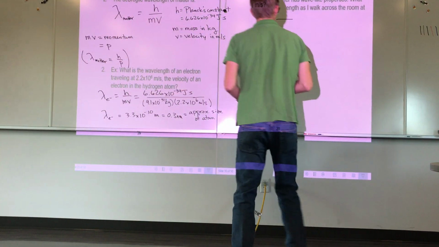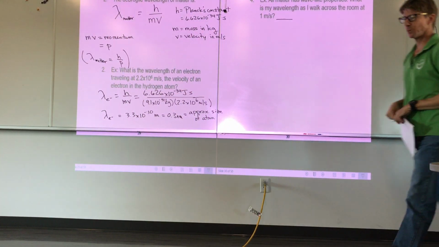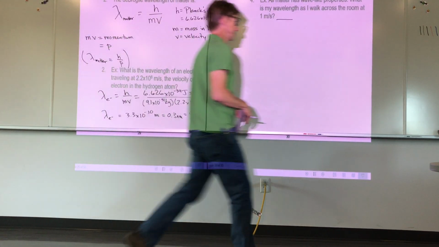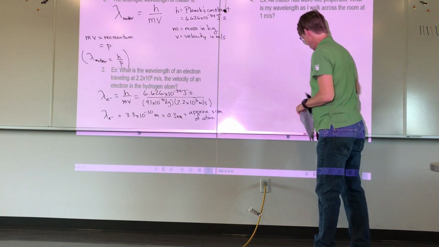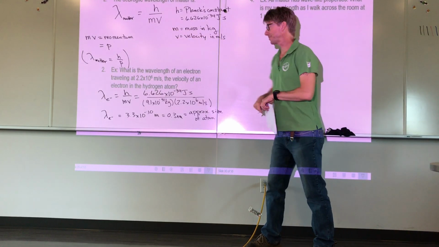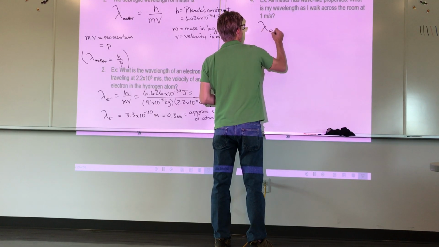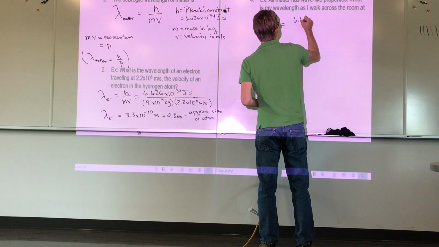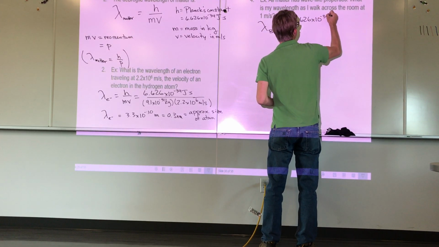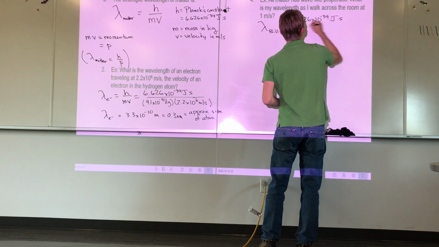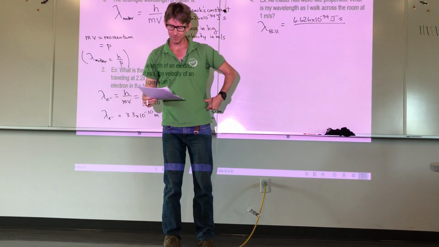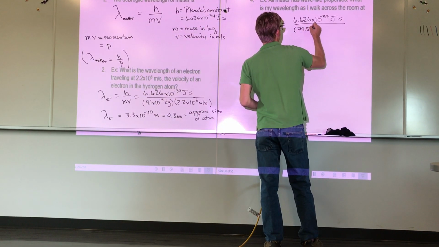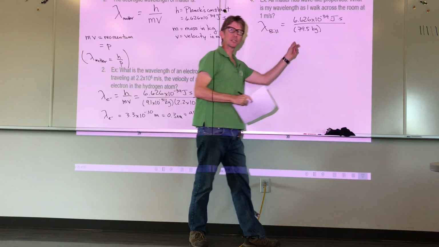All matter has wave-like properties. What is my wavelength as I walk across the room at a velocity of 1 meter per second? Same equation, except this is the wavelength of Bill. Filling everything in, I'm saying about 79.5 kilograms, and that is what my driver's license says.